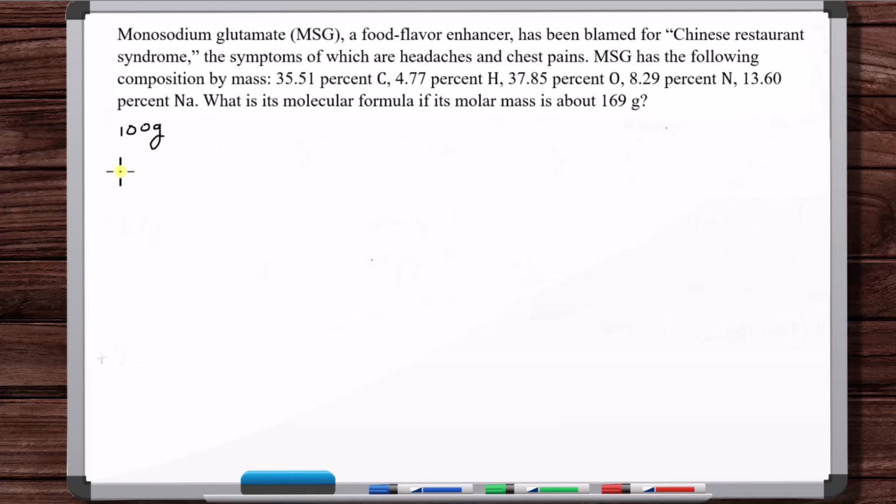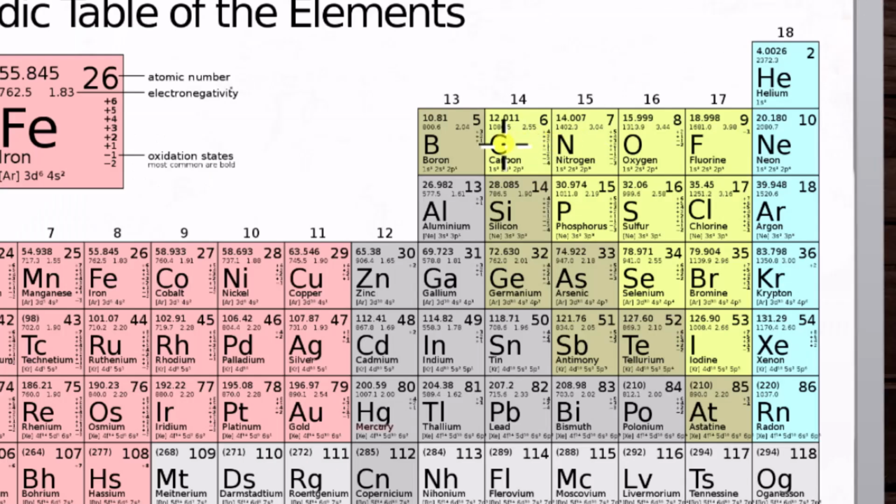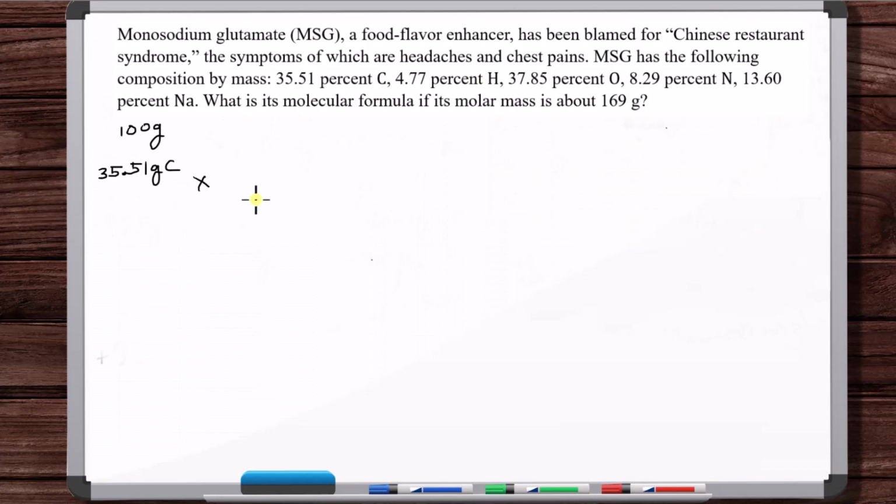All right, so if we have 100 grams of the substance, then we have 35.51 grams of carbon. The molar mass of carbon is 12.011, so 12.011 grams of carbon per mole of carbon.